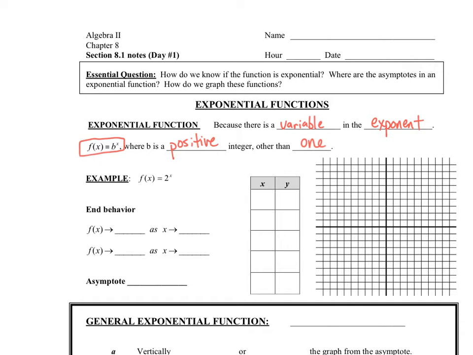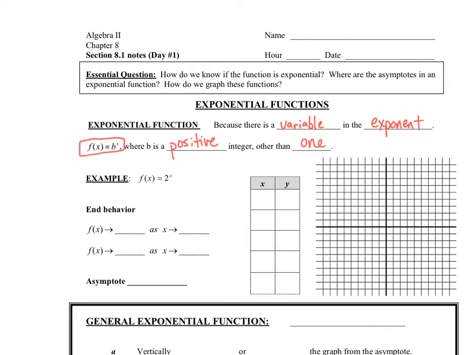So this is what's classified as an exponential function. There's a variable in the exponent, and b is a positive integer other than 1. So we look at the example right below there, f of x equals 2 to the x power. This is an exponential function because b is 2, 2 is not 1, and we have a variable in the exponent.